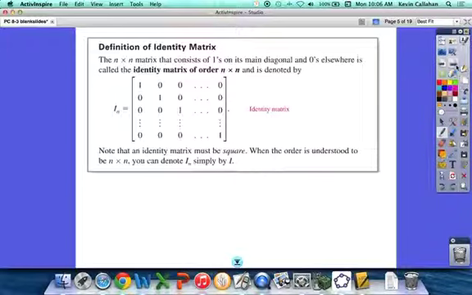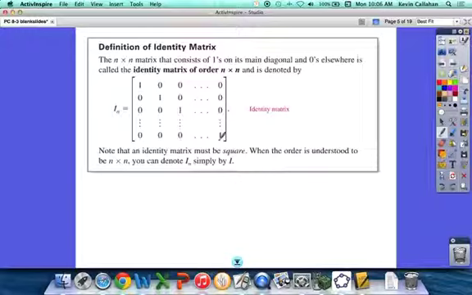An identity matrix is a matrix which is square, first of all. What do you think it means to be square? Same number of rows and columns, right? And it has ones down the diagonal and zeros everywhere else.